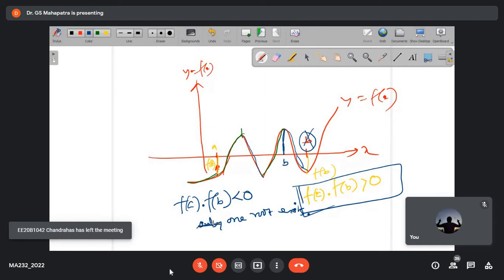Okay, so at least one root exists. Clear now?